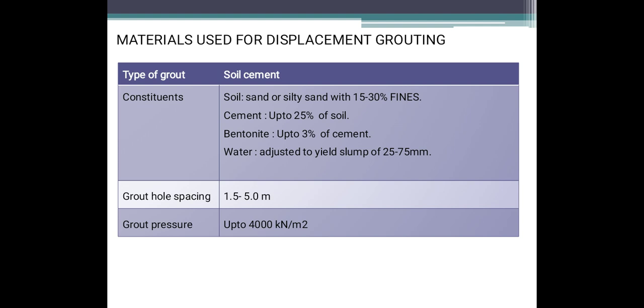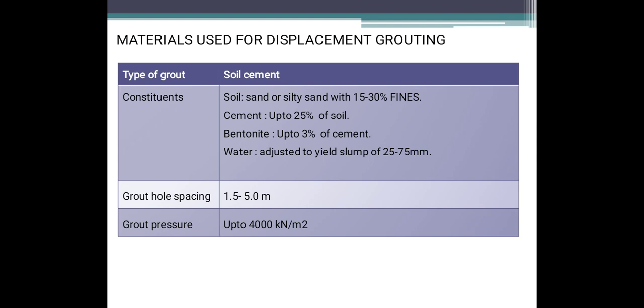Materials used for displacement grouting, we have different types of materials we can use. Constituents: soil, that is sand or silty sand with 15 to 30% fines. Cement, up to 25% of soil we can use. Bentonite, which is a clay material, we can use up to 3% of cement.